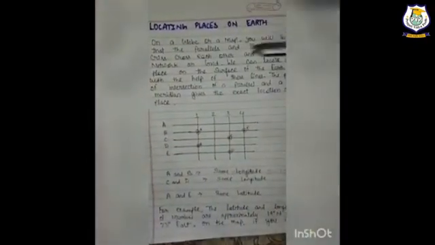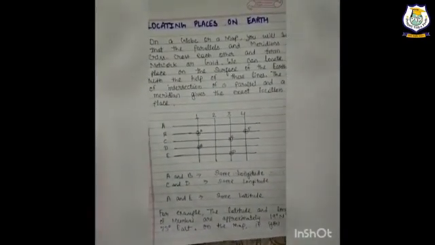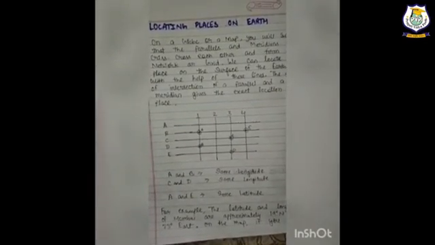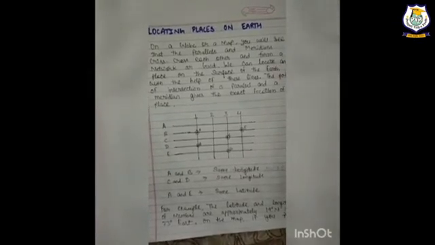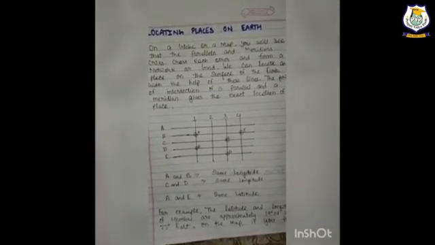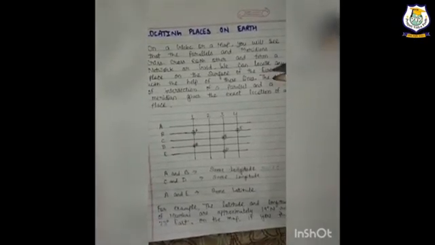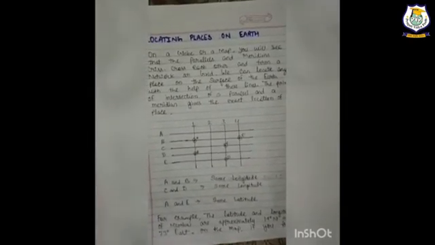On a globe or a map, you will see that the parallels and the meridians crisscross each other and form a network or grid. We can locate any place on the surface of the earth with the help of these lines. The point of intersection of a parallel and a meridian gives the exact location of the place.